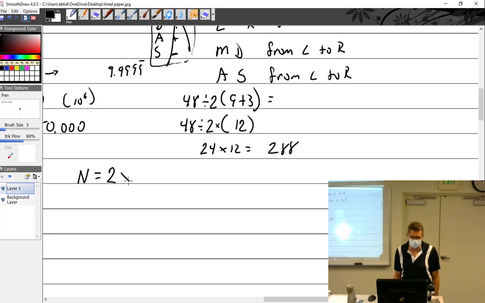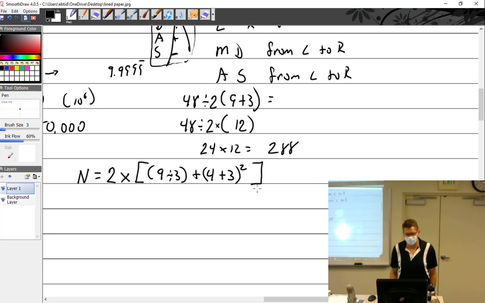Okay. So this would be the proper way to write this if you're done trying to debate this. I don't have brackets on my calculator. 9 divided by 3? Yep. Okay.